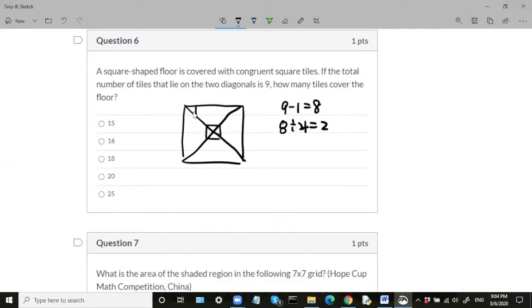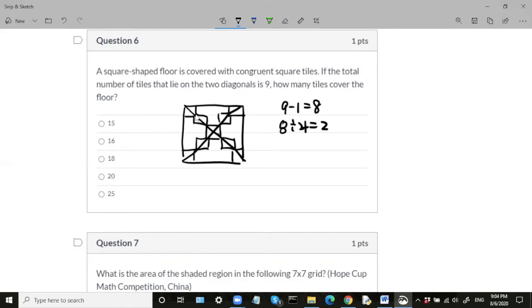So there should be 2 tiles laid like this on each diagonal arm. Okay, so that's our floor.